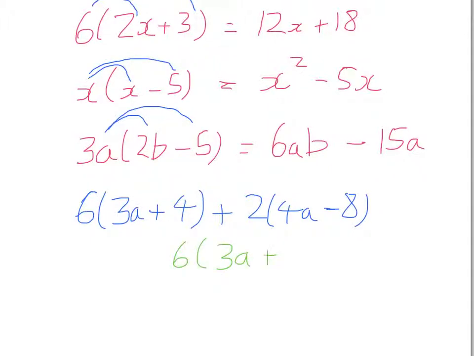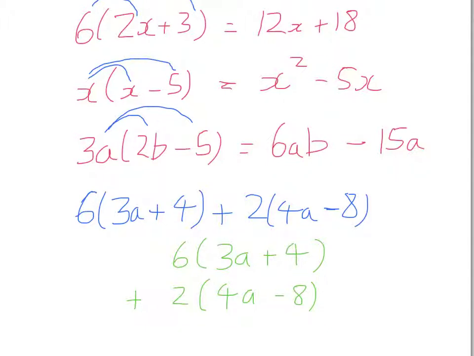So 6 (3a plus 4), and then plus 2 (4a minus 8). Now I always carry through this symbol here, so the positive 2, because if it had been negative 2, then it would make a difference when we're expanding, because negative 2 times negative 8 would give you plus 16. So we need to make sure that we carry through whatever that symbol is.